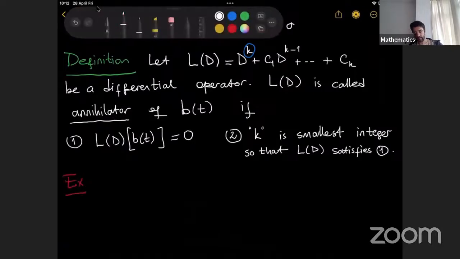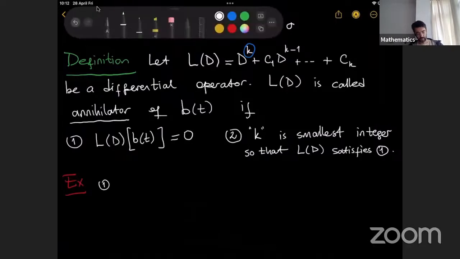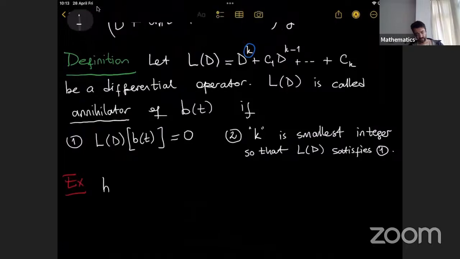Example. Let's take, for instance, b(t) equal to t squared. What is an annihilator of t squared? That means you apply a differential operator to t squared and you will get 0. If you differentiate t squared once, you will get 2t. Twice, you will get 2. The third derivative will be 0.